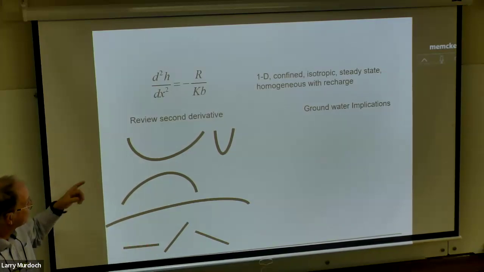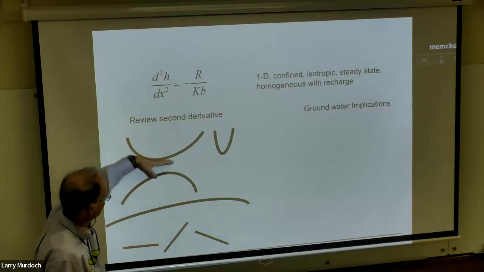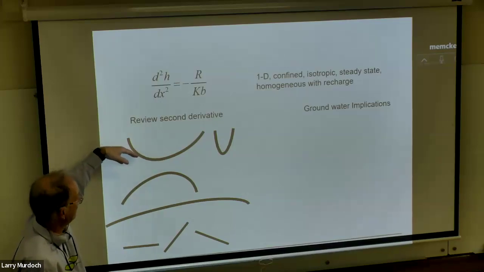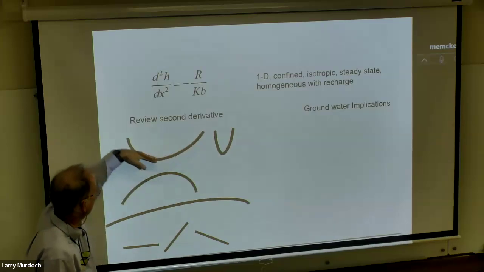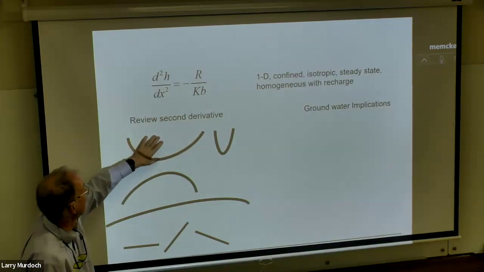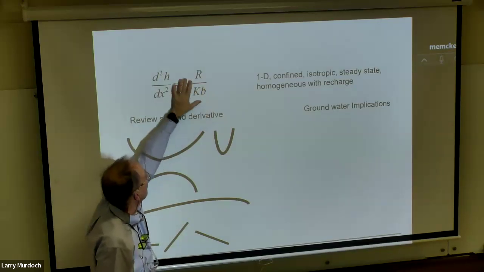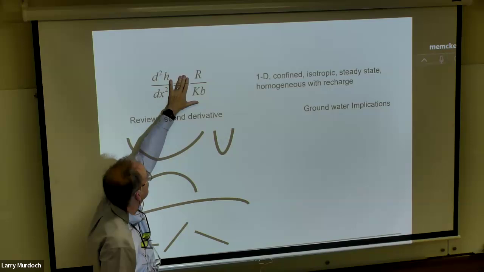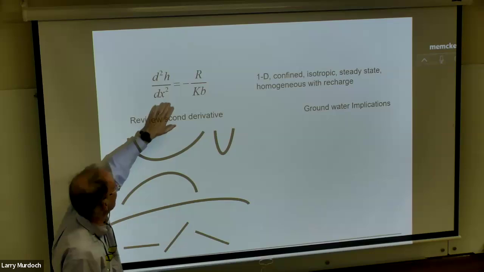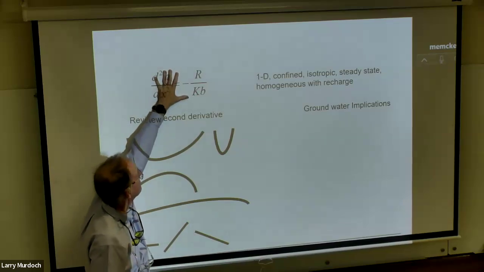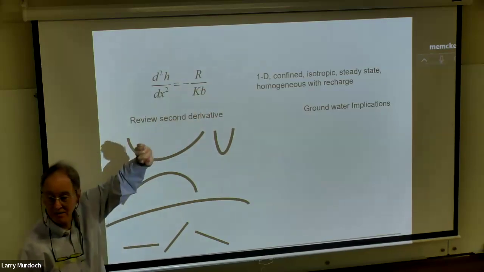Okay, so this is the positive second derivative, and let's say this is a hydraulic head, in 1D, so this would be like a cross section of hydraulic head. So if this is positive, then what does that say about that term there? If this is positive, then in order to have this side be positive, you have to have one of these terms be negative, right?